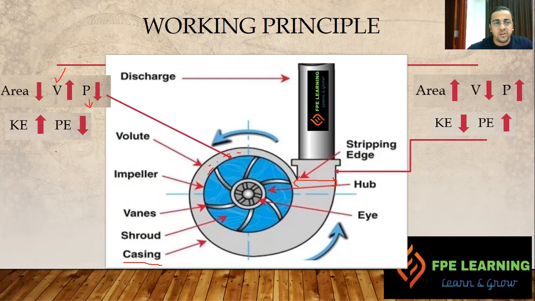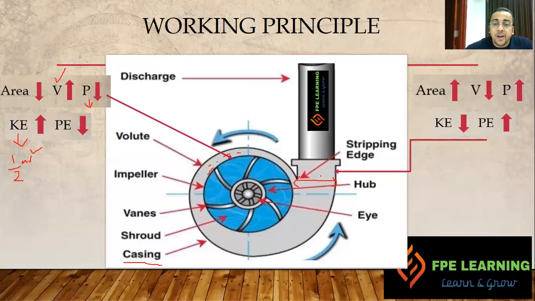So let's say kinetic energy equals, if you know the basics, half m v square, right? So we have the high velocity, so high kinetic energy, and less potential energy, right? We also know the conservation of energy. At one location kinetic energy is high, at another location potential energy is high, so it is conserved, kinetic energy converted to potential energy, right?